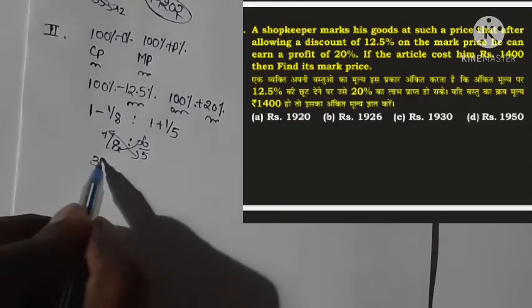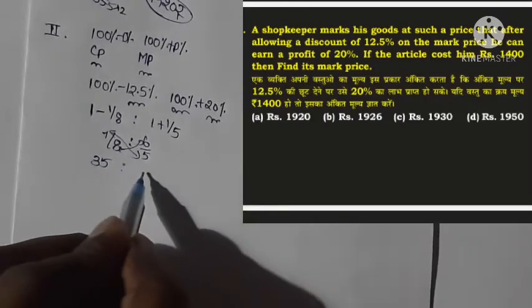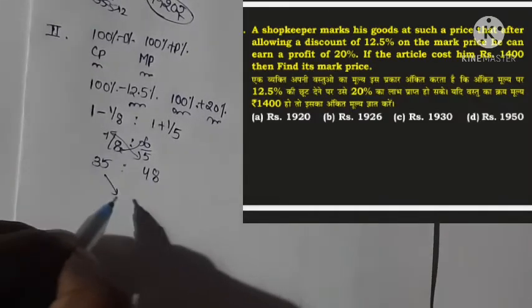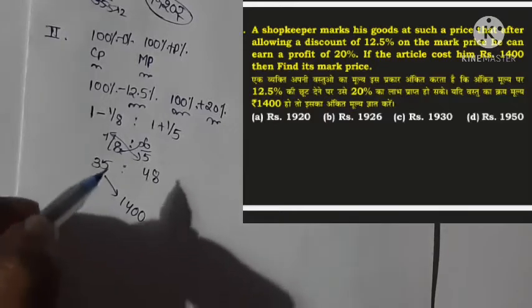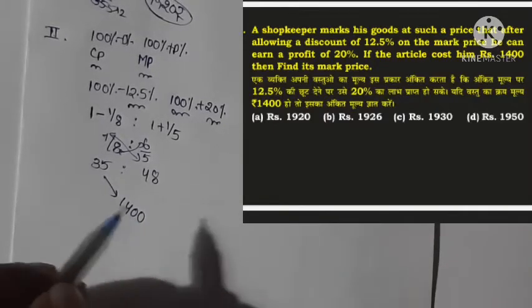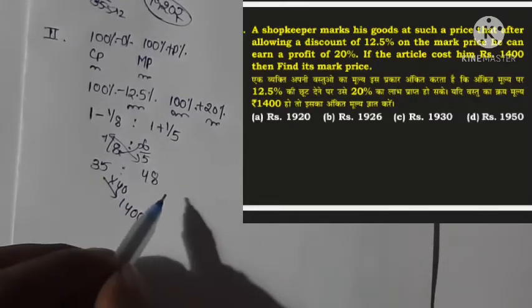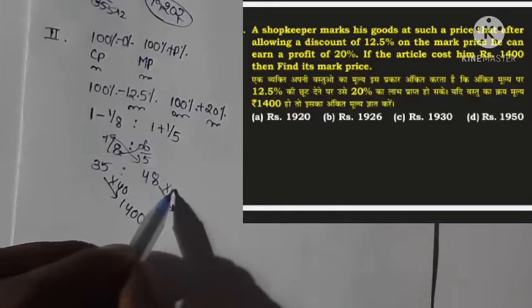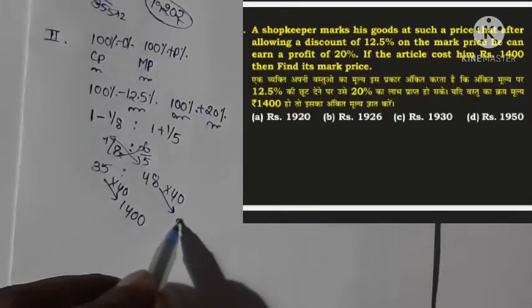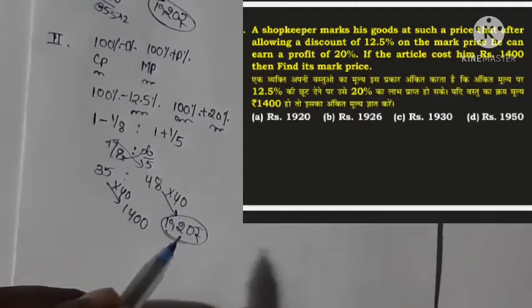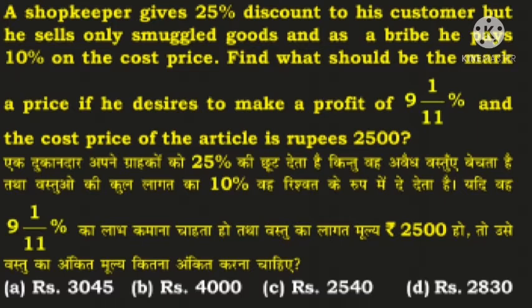So the cost price is 35 units and the market price is 48 units. Here 35 units represent 1400, so 1400 by 35 gives the value 40. 1 unit represents 40, so 48 units represent 48 into 40, which is 1920 rupees.